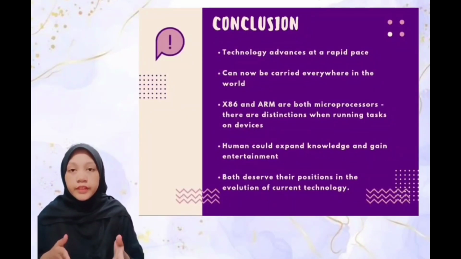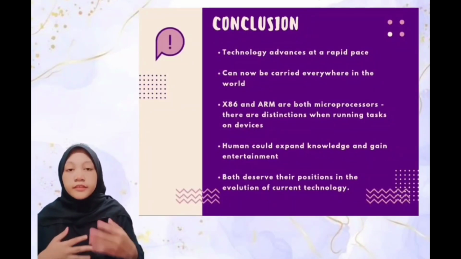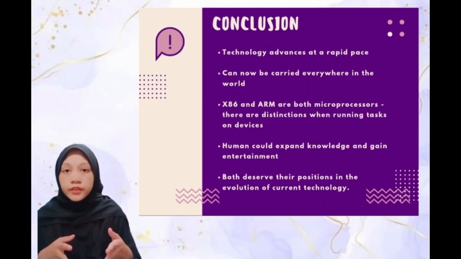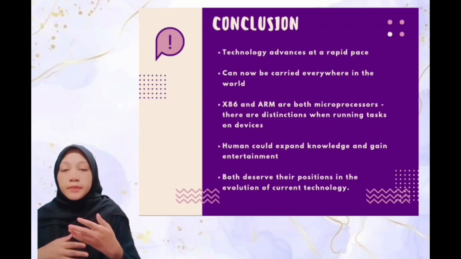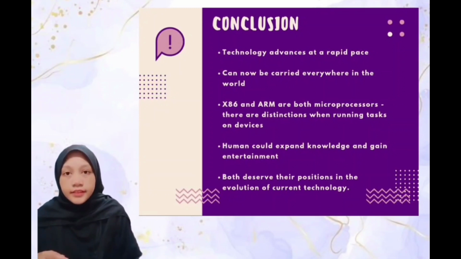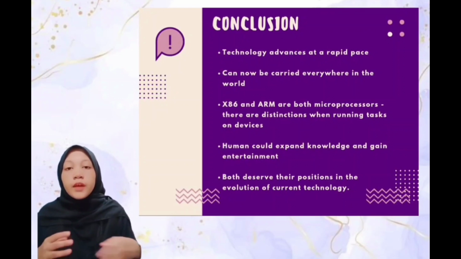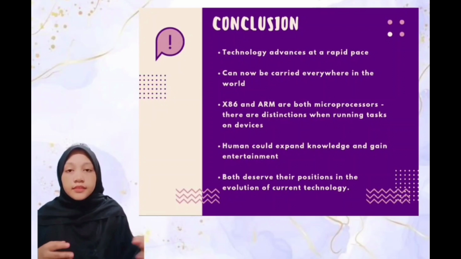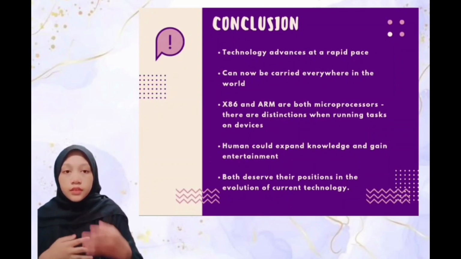So, for the conclusion, technology advances at a rapid pace, whereas computers once required the space of a room, but now they can be carried everywhere around the world, even in space. X86 and ARM are both types of microprocessors, but there are certain distinctions to take into account when running tasks on our devices.